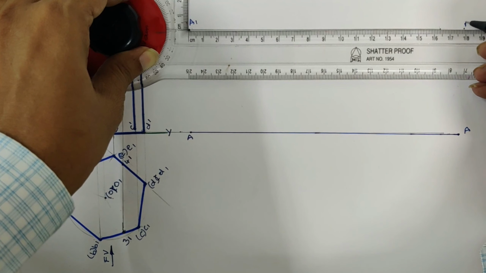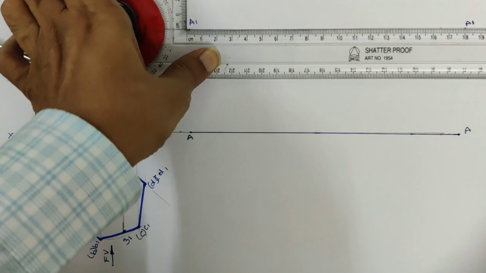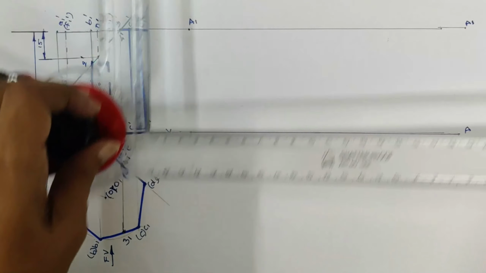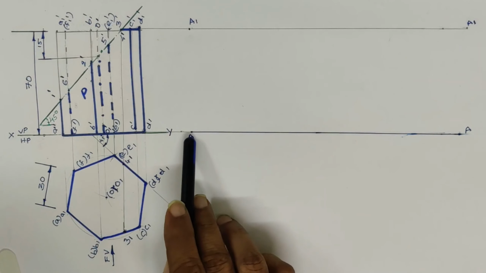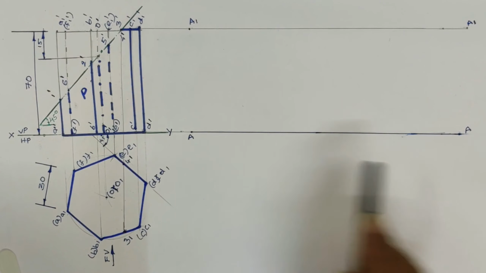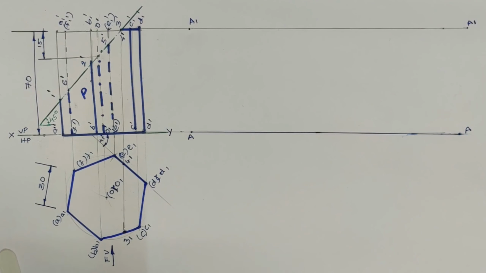Here A1 to A1 and A to A is equal to 180 mm. Here A to A is the perimeter of the hexagonal prism's base and its length is equal to 180 mm. Divide A to A into 6 equal parts. Each part length is equal to 30 mm.